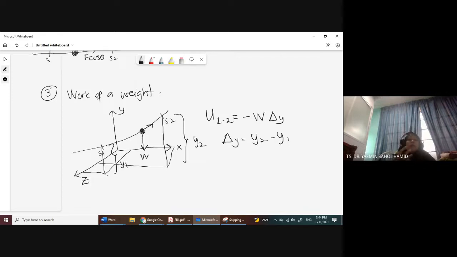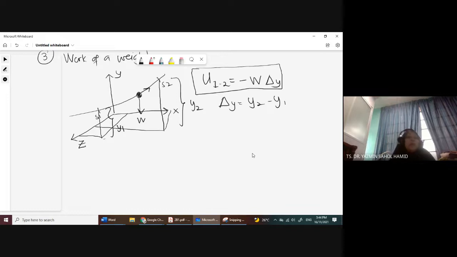So when you get a question and you know that the force causing the particle to move is due to the weight, this is the formula involved. Don't worry, first understand the different types of work.